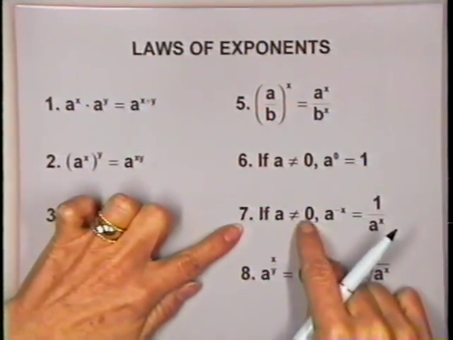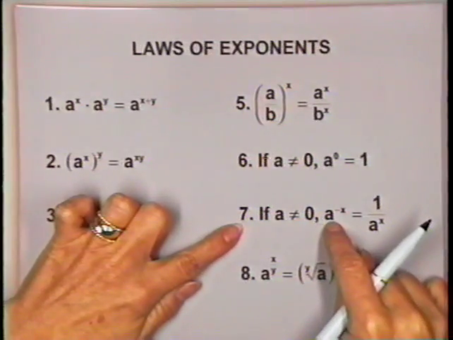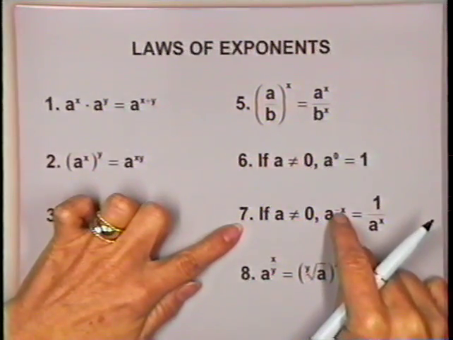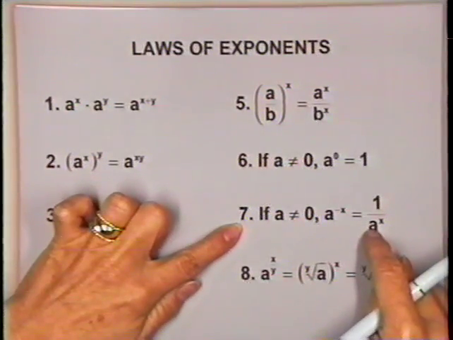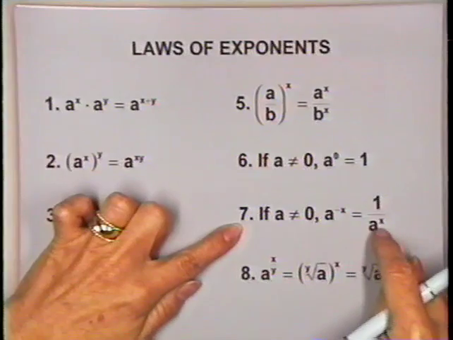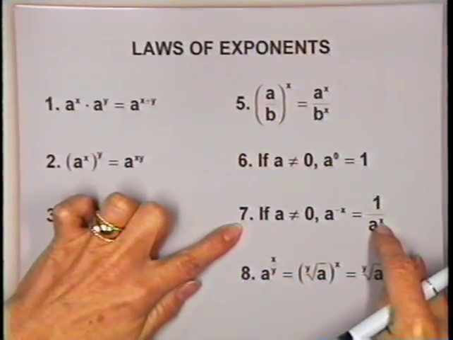Again, if we have a base number that's not 0 and we have a negative exponent, like negative x, remember a negative exponent causes you to invert that or write 1 over. And remember, when you invert it, write 1 over, your exponent becomes positive.